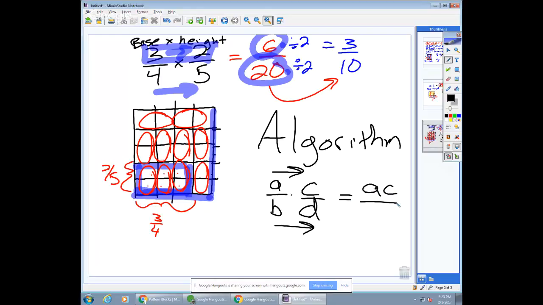So AC over BD. So for every kind of addition, subtraction, multiplication, and division, there's going to be ways to develop an algorithm by just using arrows to show what to do. Like we had the arrow algorithm for addition, arrow algorithm for subtraction. Does anybody remember the book's name for the arrow algorithm for addition and subtraction?